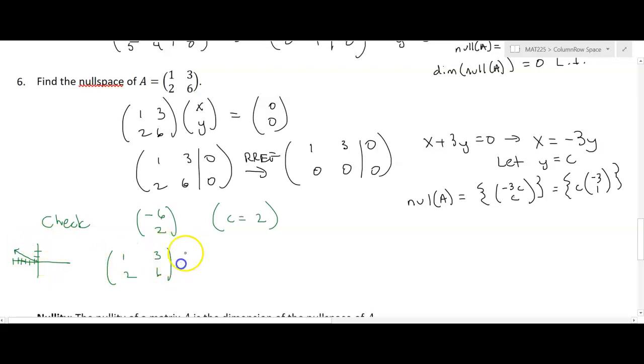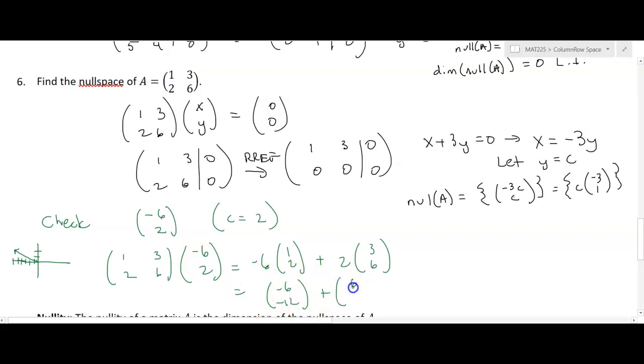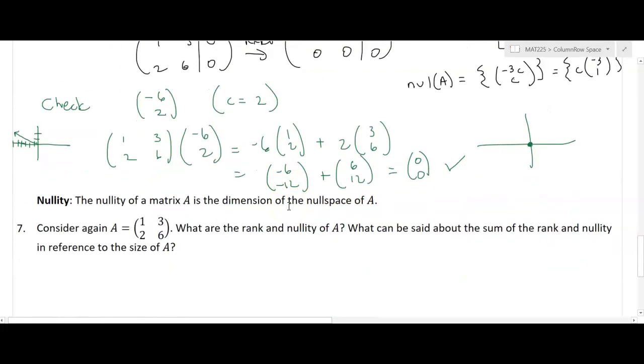And now if I take that vector and I transform it by the A matrix, I'll get negative 6 times 1, 2, plus 2 times 3, 6, which is negative 6, negative 12, plus 6, 12, which equals precisely the 0, 0 vector. So it is the case that this vector got transformed and is now just the 0 vector. There are a lot of theoretical applications of this. For now, it's just important to be familiar with these concepts.